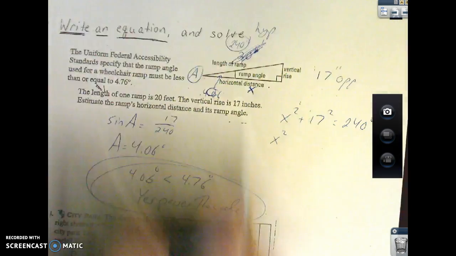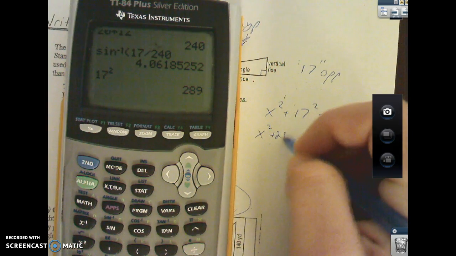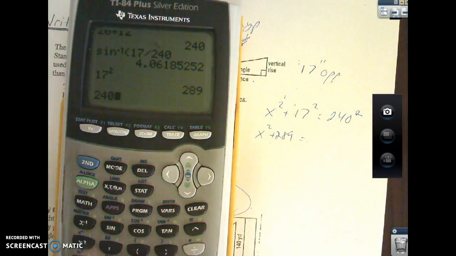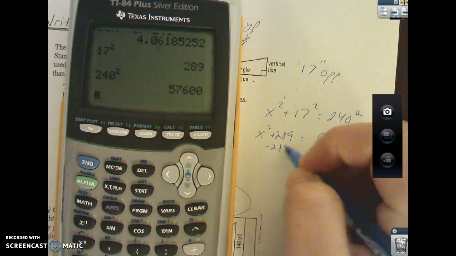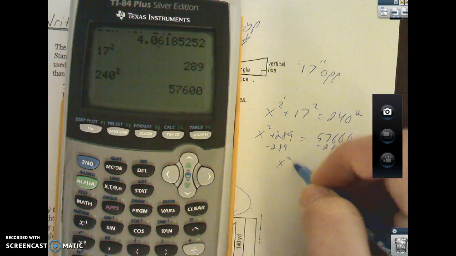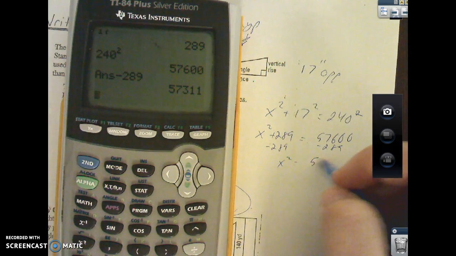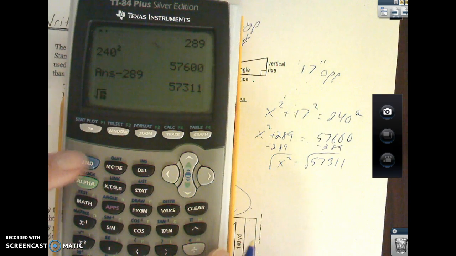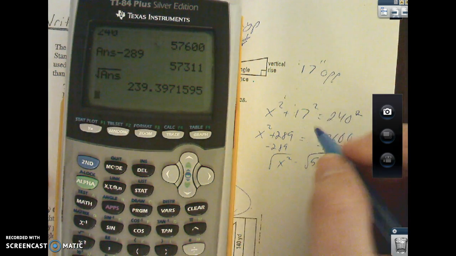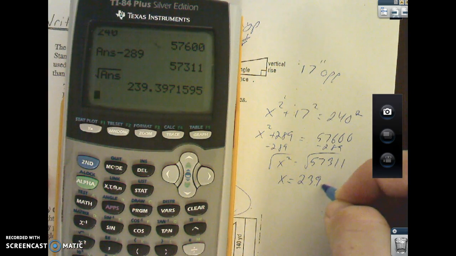X squared, I'm going to do a little bit of calculator work. 17 squared gives me 289. 240 squared minus 289, and then square root both sides. 239.34, or it's just 239.3 rather.